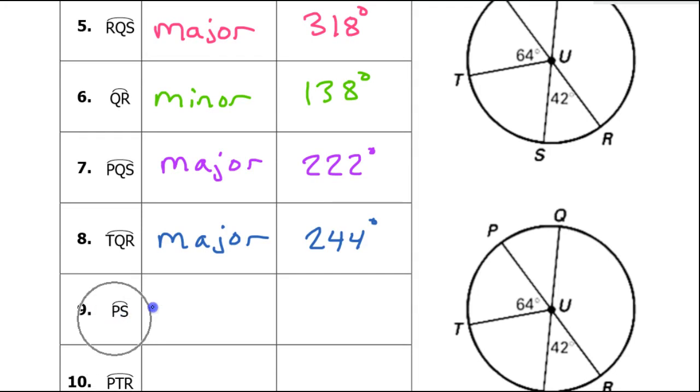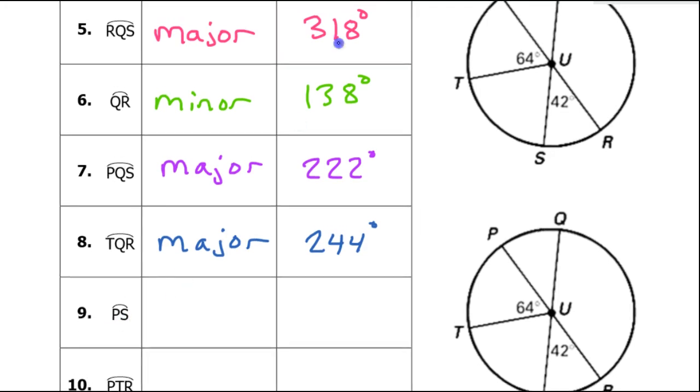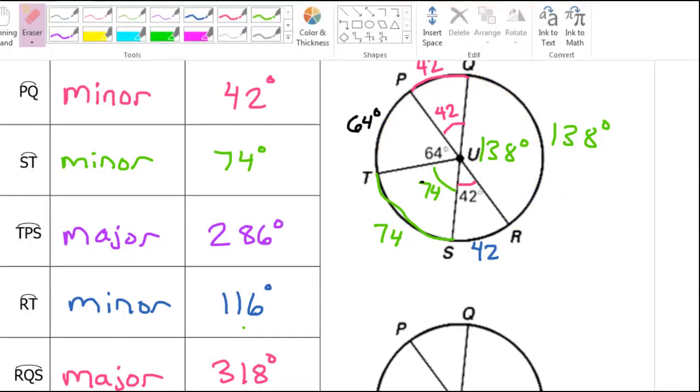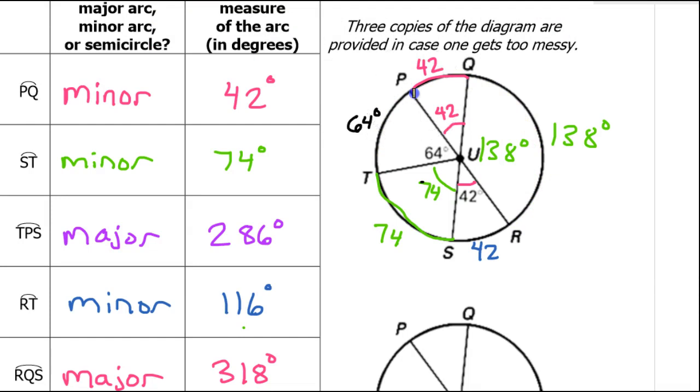Okay, what about arc PS? All right, arc PS goes from here to here. That's just 64 plus 74.